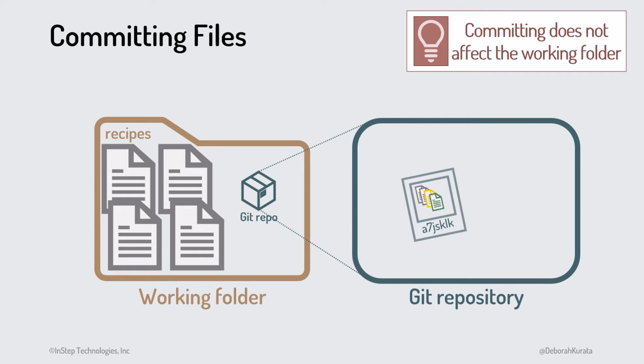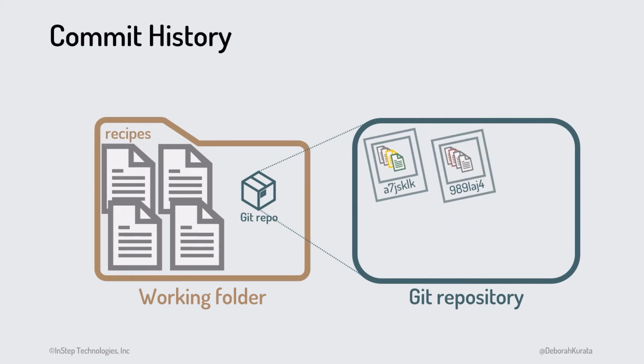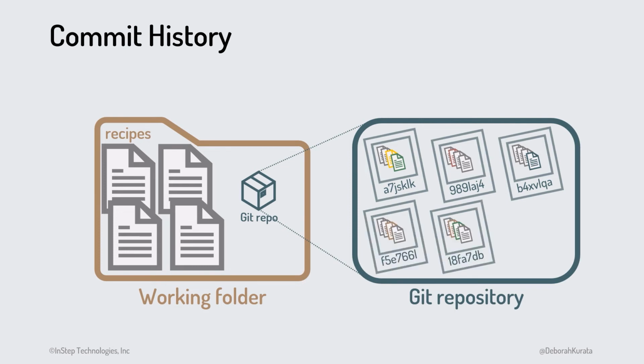A snapshot is a picture or copy of our committed files at that point in time. Git assigns a unique identifier to each commit. As we work on our project and commit changes, and work more on our project and commit changes, and so on, the repository retains our commit history.